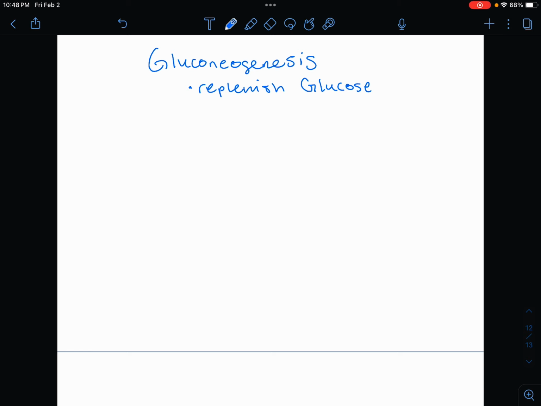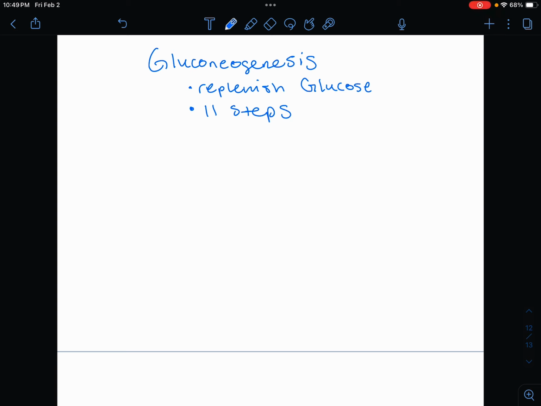So this one's going to be gluconeogenesis, where we're replacing or replenishing the glucose stores of the body. Gluconeogenesis actually has 11 steps. Most of them are similar to what we saw in glycolysis. However, we do have some differences here.